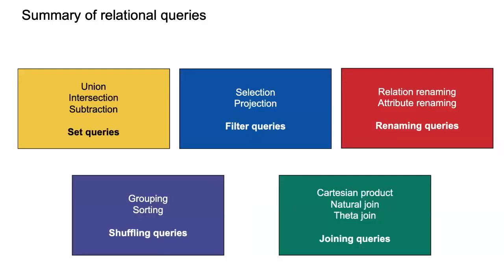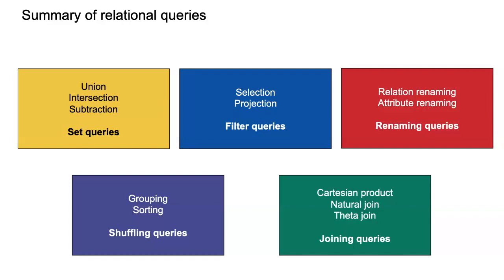So what can you do with tables? I'm going to go through this. You can do the union of 2 tables, so that's set queries. You can filter some information in tables, selection, projection. You can rename some of the attributes or even tables. You can have what I call shuffling queries because the data is a big mess in the data flow, but it's grouping and sorting.